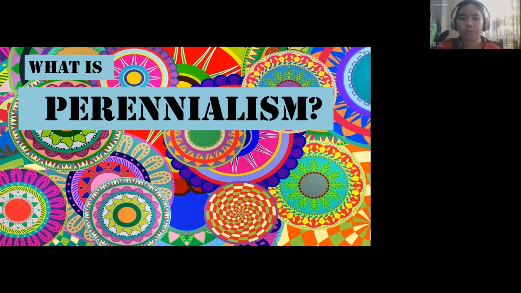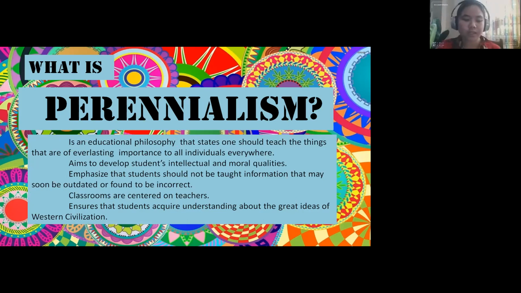The suffix ism is a word-forming element, making nouns implying a practice, system, doctrine, etc. So we can say that perennialism has something to do with everlasting practices or enduring systems.